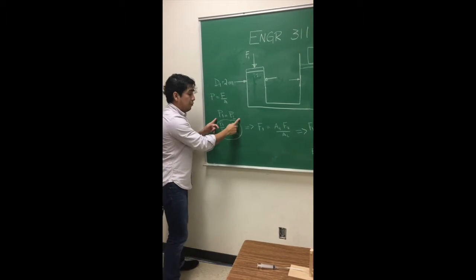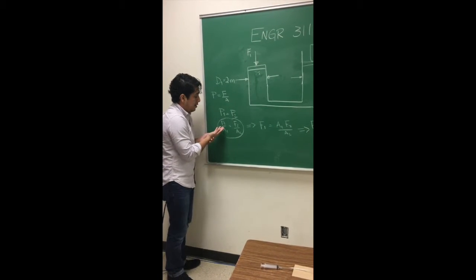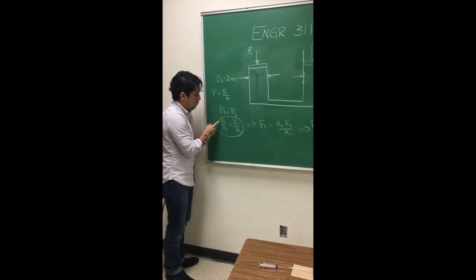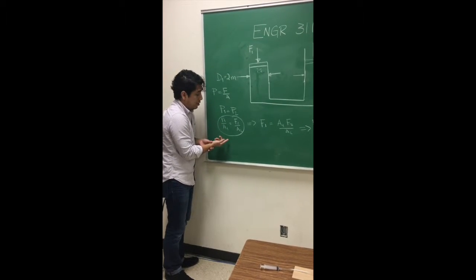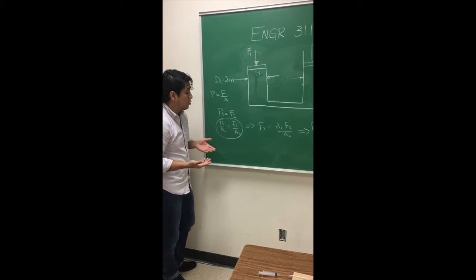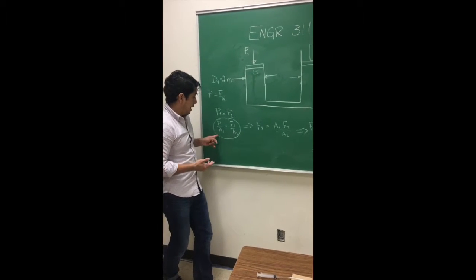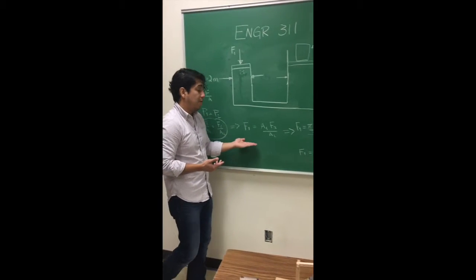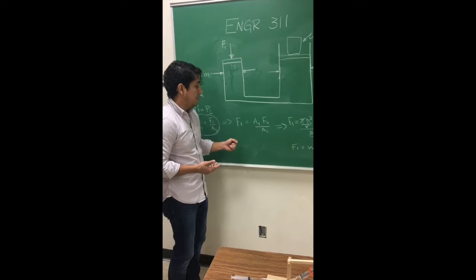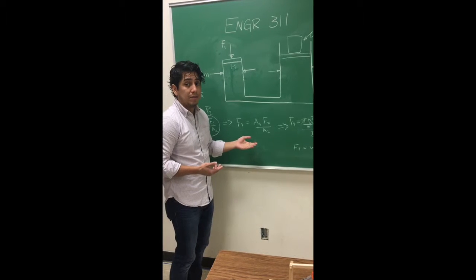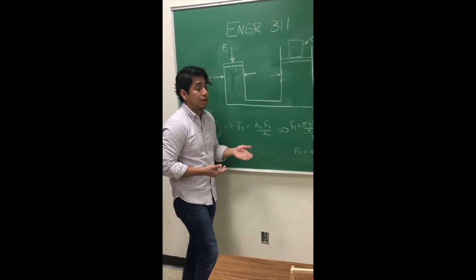So we can also say from this equation that force 1 over area 1 equals force 2 over area 2. Now, by having this relation, we can find force 1, which is going to be equal to area 1 times force 2 divided by area 2.